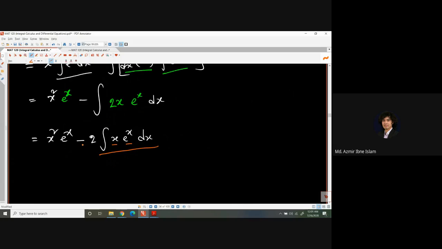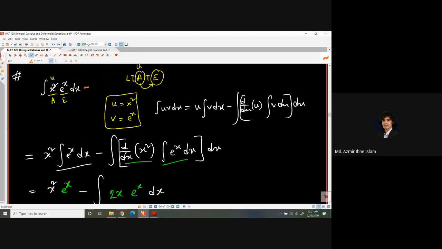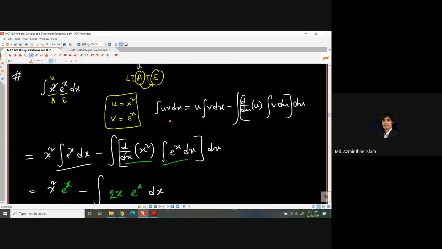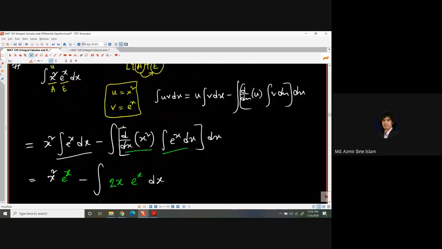So again the same process, same technique will be repeated. That means we are trying to find the antiderivative for this integral where we have x squared e to the power x, but finally we have applied this one and we are getting another integral part. So just to solve this one, let's apply the same technique again.